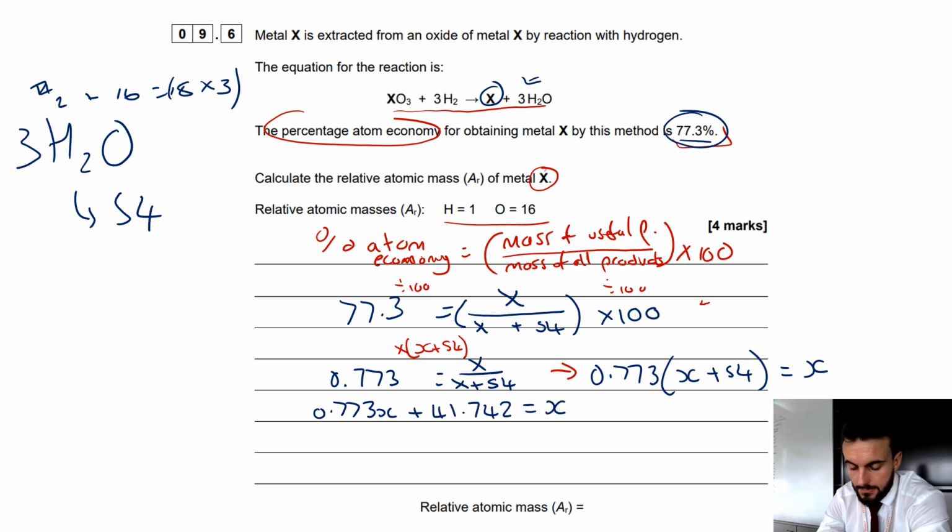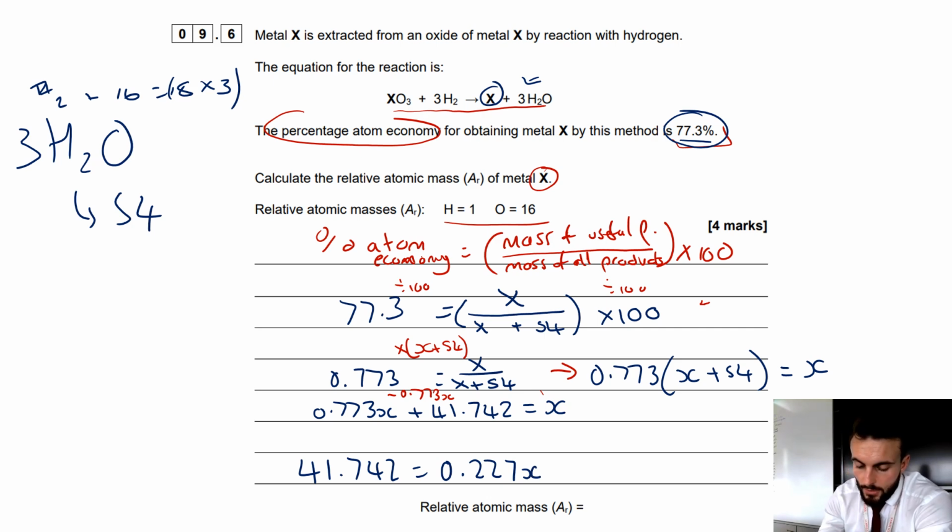equals X. Then we're going to get the X's onto one side, so we're going to take away 0.773x from both sides. Obviously that's just 1x, isn't it? So 1 take away 0.773. So that gives us 41.742 equals 0.227x.